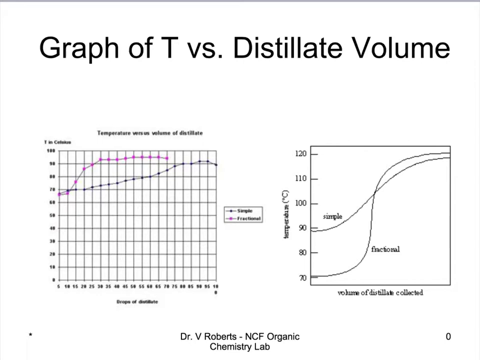And what you should see is that with fractional distillation, you will see more of a straight line region when the two fractions are coming off, or the two components are coming off. Whereas with simple distillation, it's more of one continuous upward sloping line.